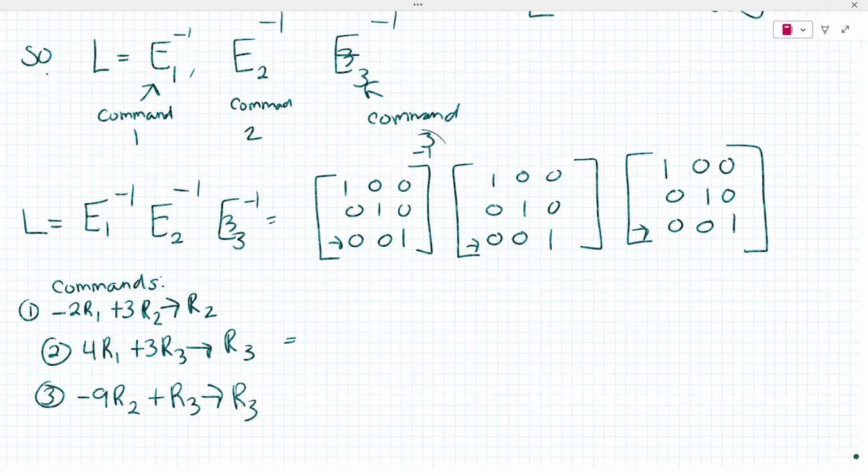So it's going to mess with the entire row 2, right? When you do that work, it's -2 times, 3 times 0, and then the rest stays the same. 1, 0, 0, 0, 0, 1 stays the same, right?